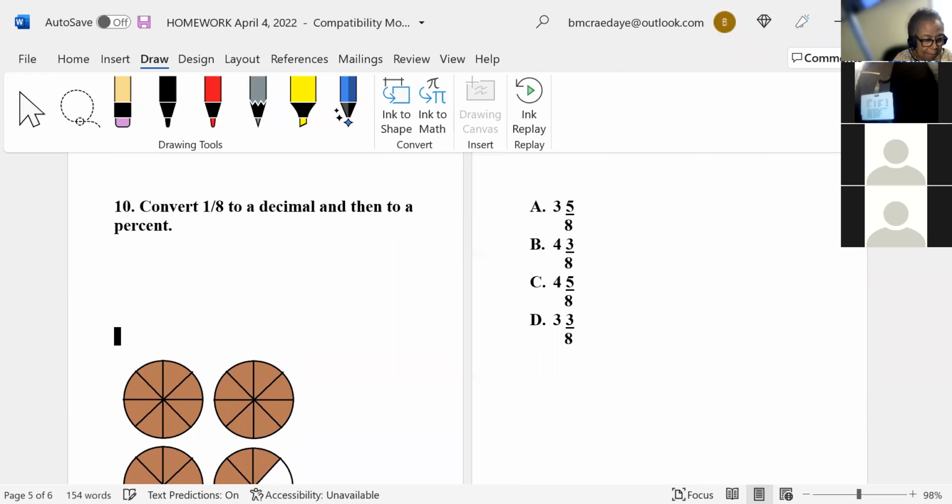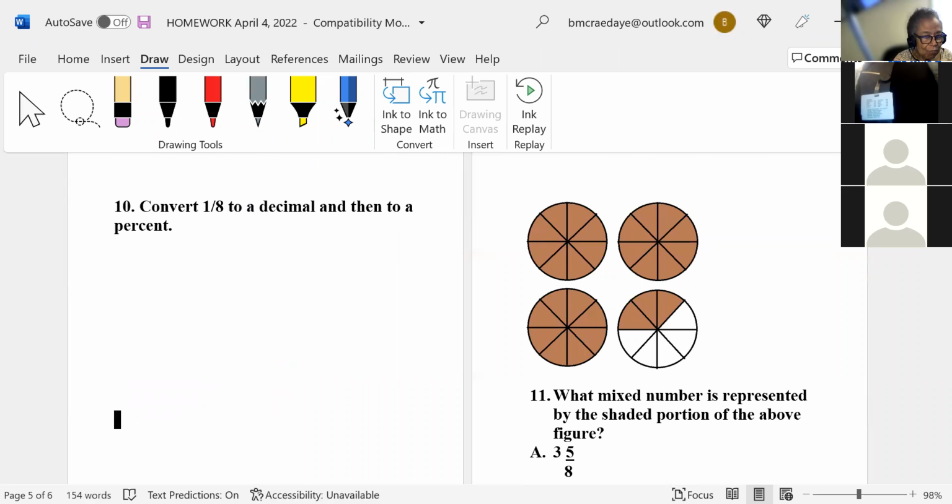What would that be? Convert 1/8. What would 1/8 to a decimal be equal to? It's a division. Remember I said fractions are ratios, they're on a number line, and they are a division. This says 1 divided by 8. So you get 0.13.